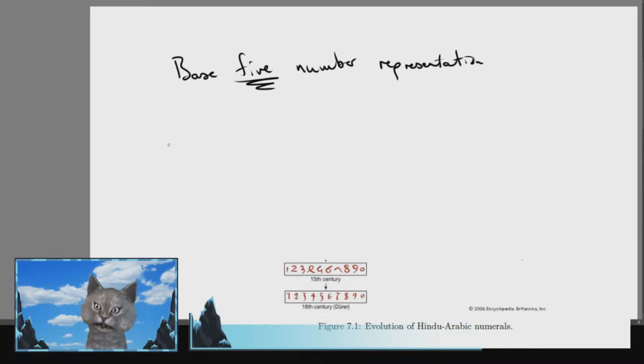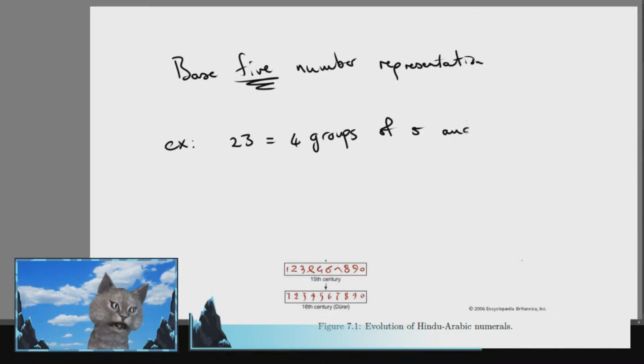So if I, for example, take 23, I'm going to say it in words first. 4 groups of 5 and 3 ones.